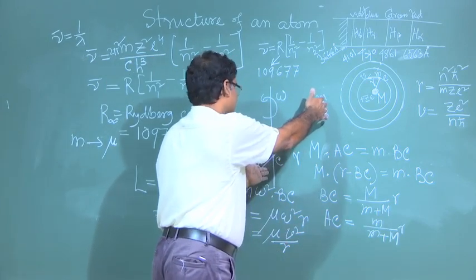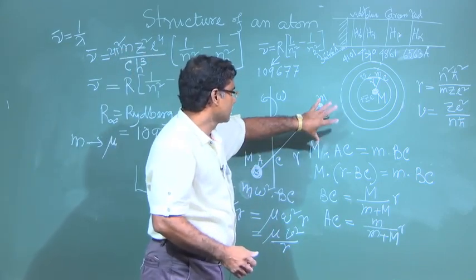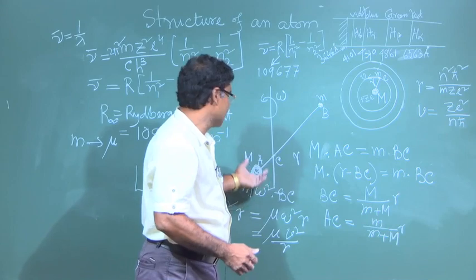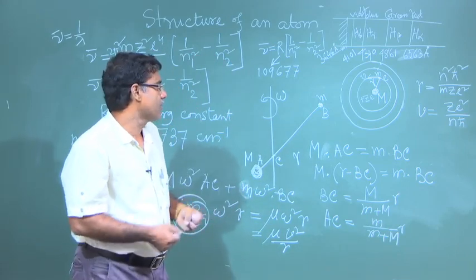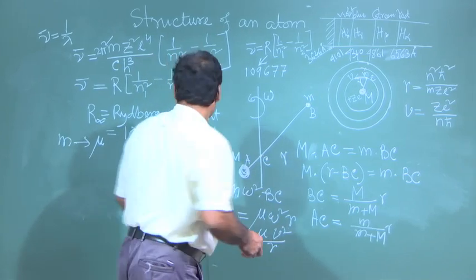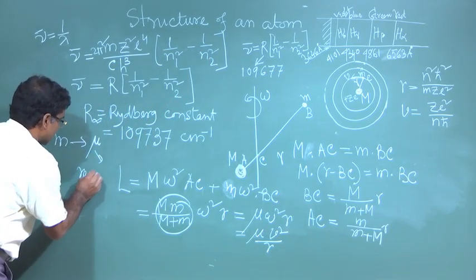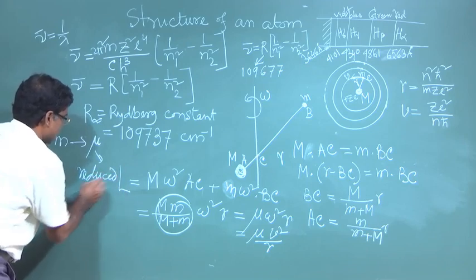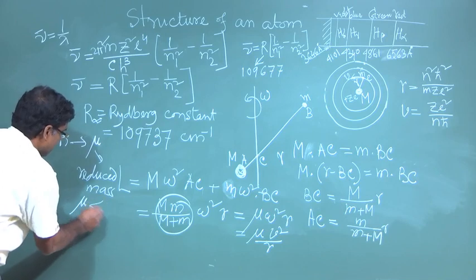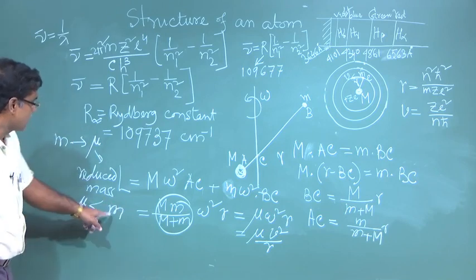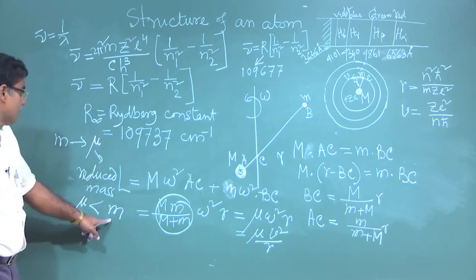In that case we are considering that the nucleus is not at rest, it is also moving as a whole with respect to the center of mass. So, this mu is called the reduced mass. Why? Because mu is less than m, and from here you can show mu is less than m.